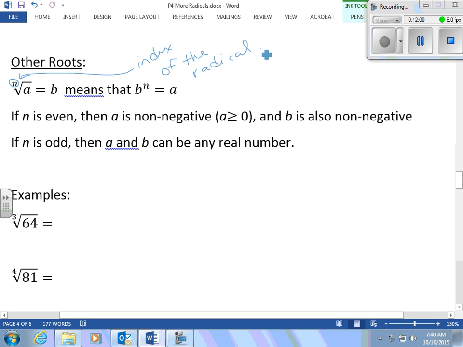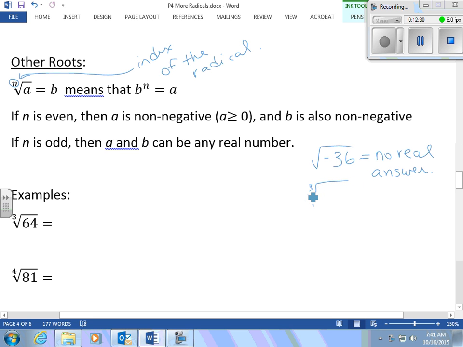Okay, and I just want to explain this even and odd thing. If I do the square root of negative 36, there's no real answer. There's no real square root of a negative number. But there might be for a cubed root.